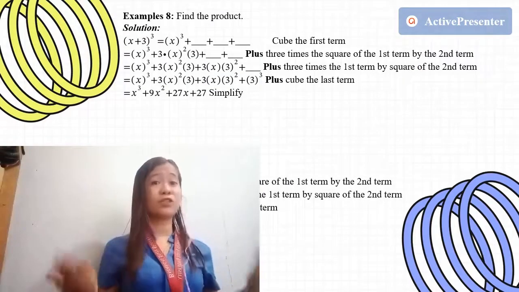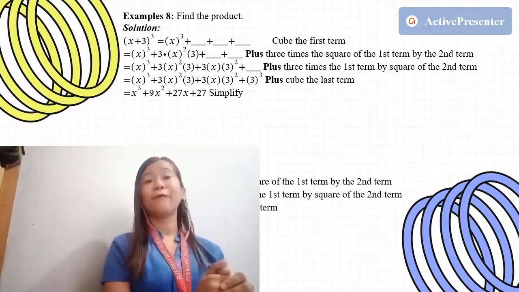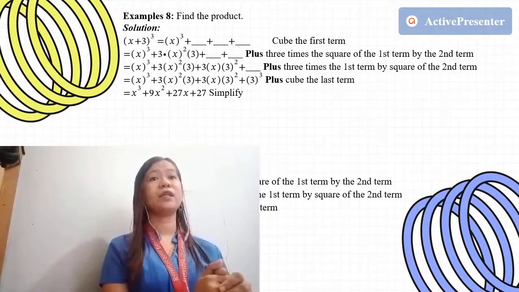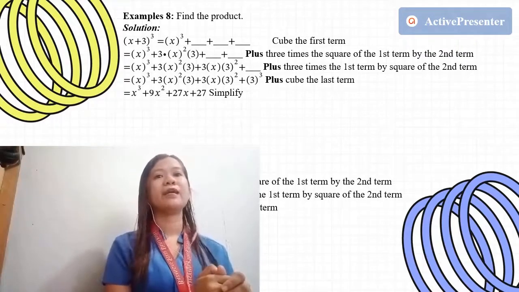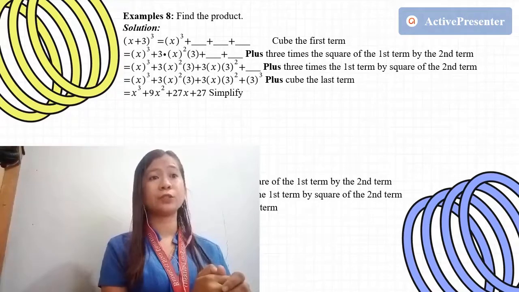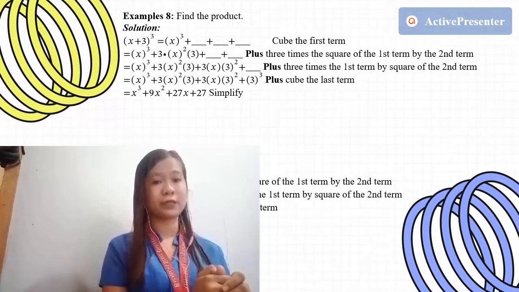To digest what we have done, let us have an example. Find the product of the cube of x plus 3. Okay, so the first thing we do is cube the first term, right? The first term in the given is x, so let us cube the first term.